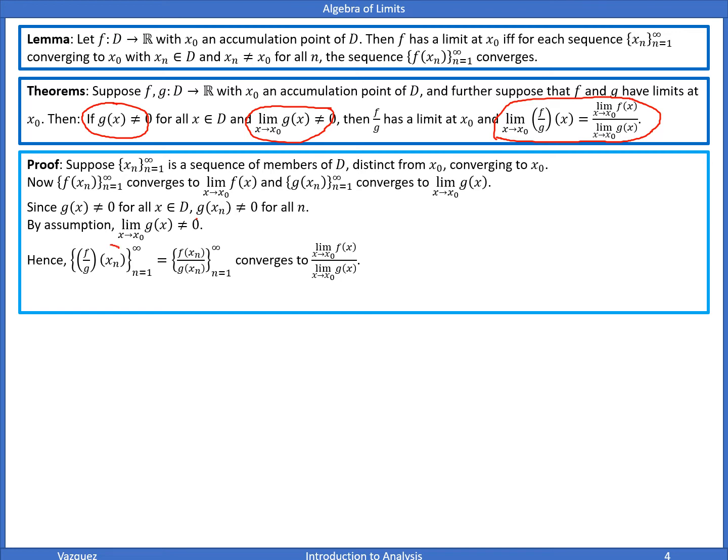Well, this here we know is equal to this, which converges to the limit of f over g as x goes to x naught. And by our lemma, f over g has the indicated limit, this here, at x naught.